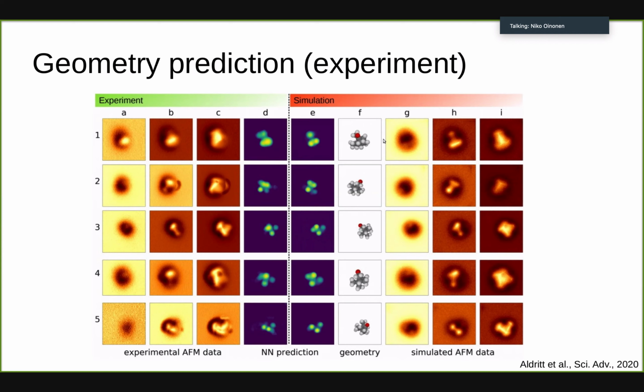Well, the long-term goal would be that you just give the AFM image and then it gives you the exact answer of what you're looking at. But in this case, we took a simpler approach where we know what the molecule is. We just don't know which way around it is on the surface.